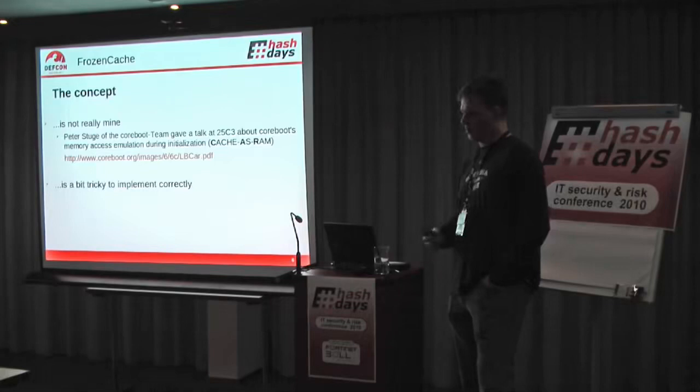So for copying the key into the cache, I use SSE registers because they're big. They provide up to 64 byte of storage capacity, so that you can copy 64 byte chunks of data into the cache, which is also usually the cache line size. So that works out real nice.